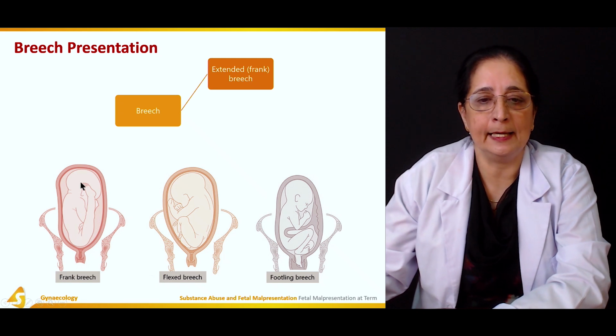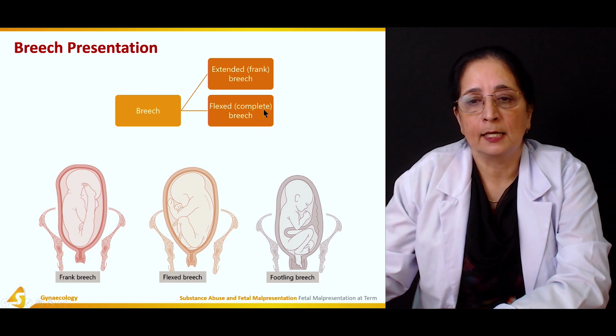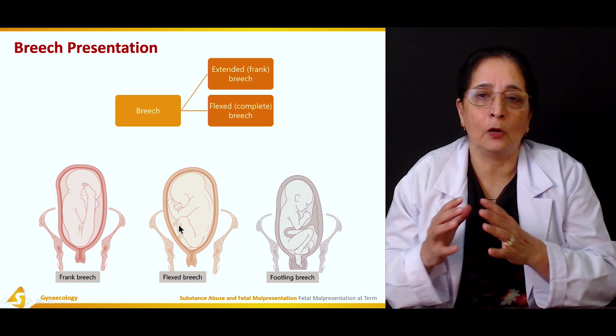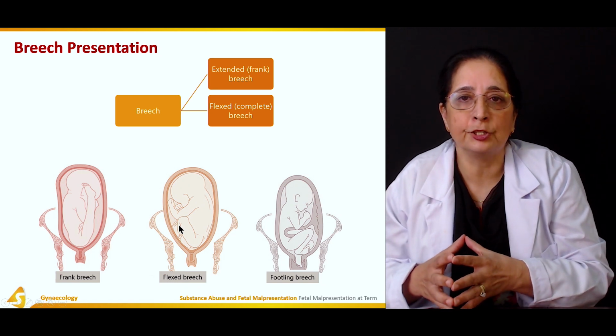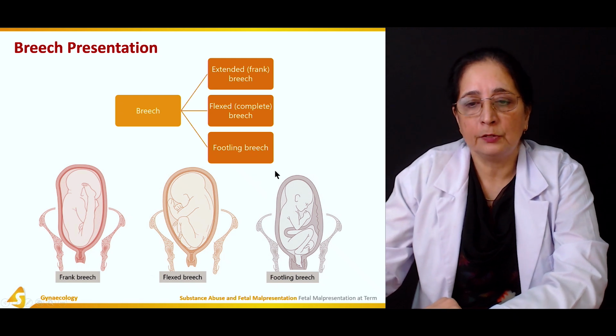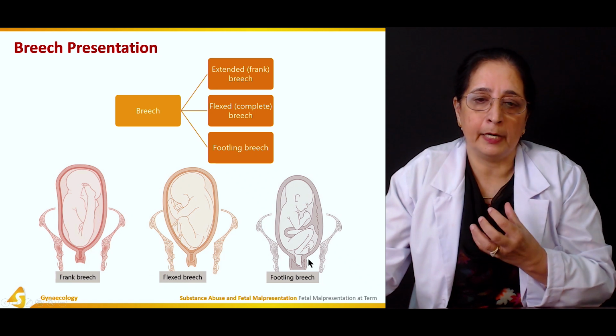This is the extended frank breech. Flexed complete breech. This flexed position is also known as the complete breech. And then the footling breech, when the feet are down and they are the first coming out.